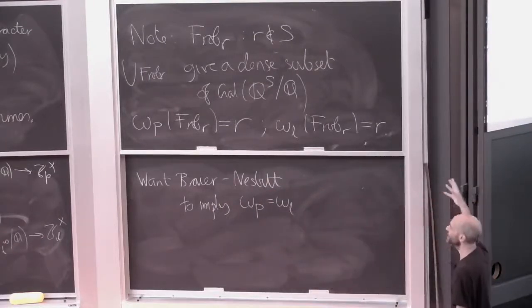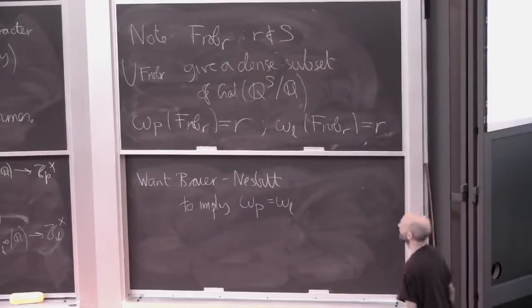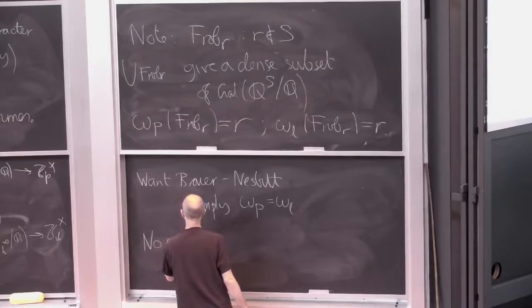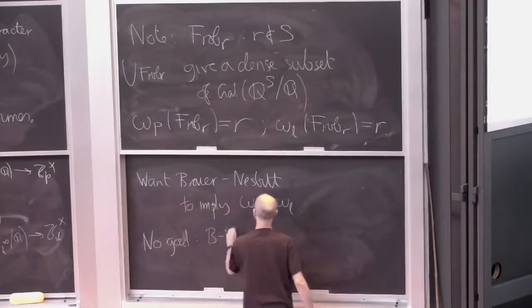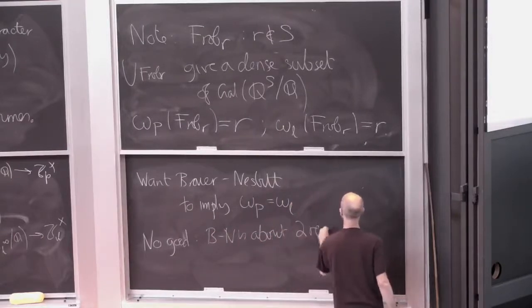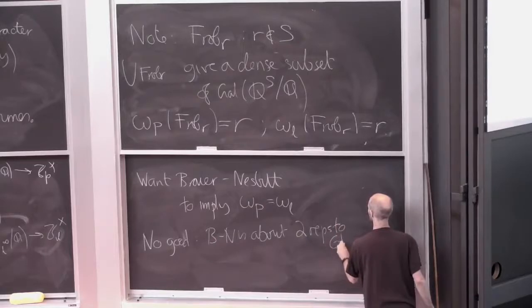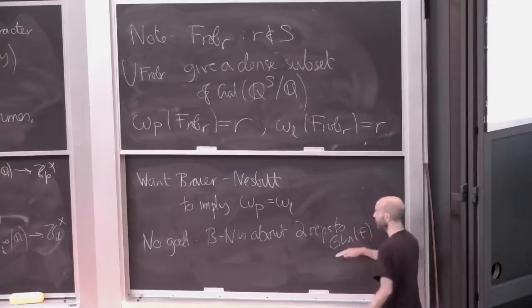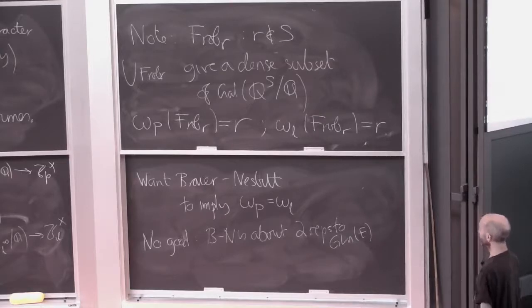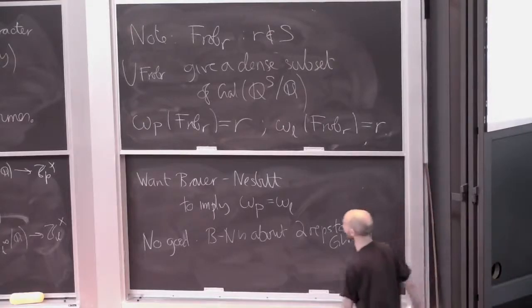But Brauer-Nesbitt doesn't apply. Okay, but this is no good, right? Because Brauer-Nesbitt is about two representations to GL_N of E, where E is some fixed field, maybe with a topology. And we have two different E's, right?